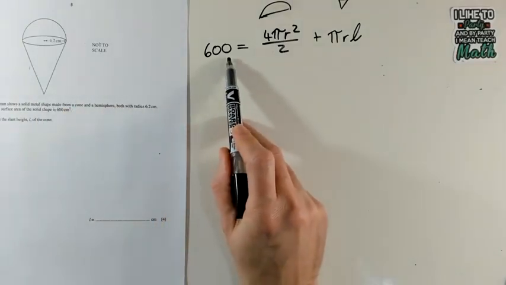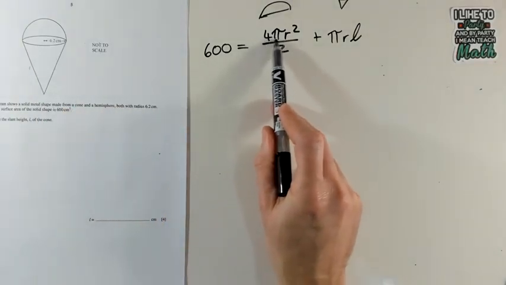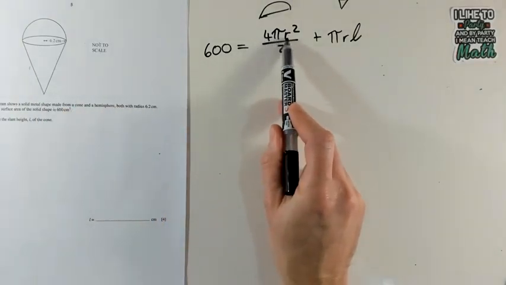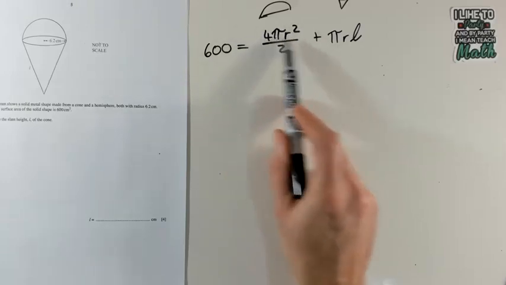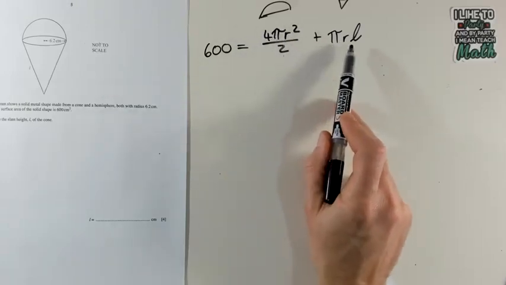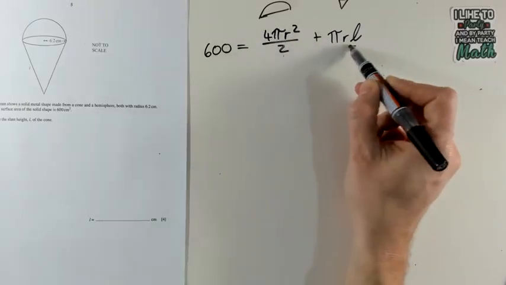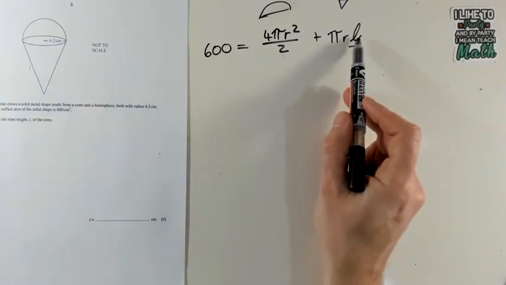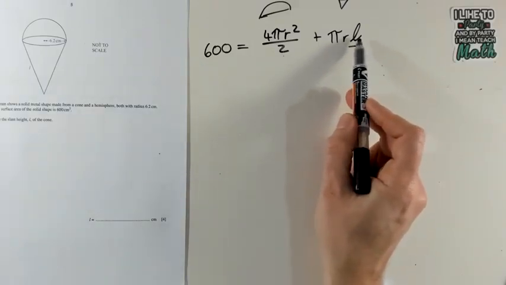So I have the 600, that's a number, 4 is a number, pi is a number, the radius is given as 6.2, that's a number. So this part I can work out. Basically it's an equation, and the only missing part is the slant height.